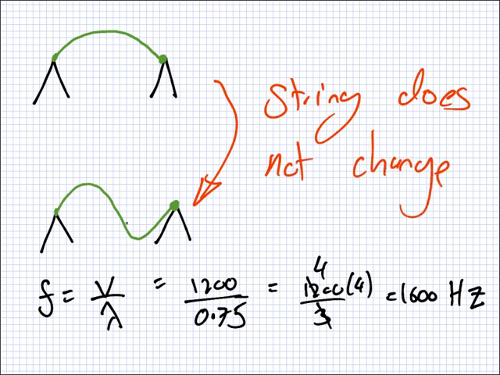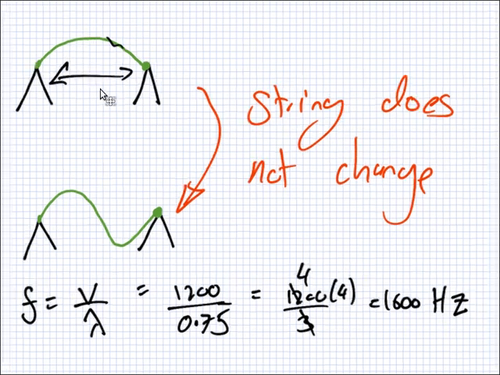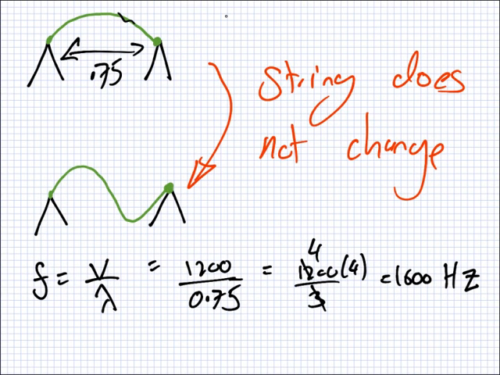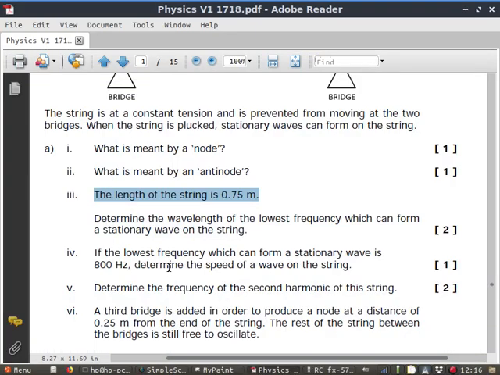They kept the same string. Oh, you mean this? Yeah, this is still 0.75. So, the string is lambda for this one.